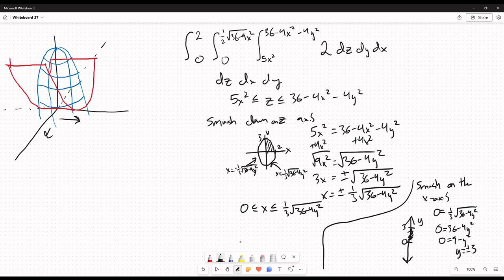So we have all that. We found that region, so now we know that y is between 0 and 3. With that, now I can set up my integral, which is going to be the integral from 0 to 3, the integral using that inequality, the integral from 0 to 1/3 square root of 36 minus 4y squared, using the second inequality, and last but not least, it's still going to be 5x squared to 36 minus 4x squared minus 4y squared.